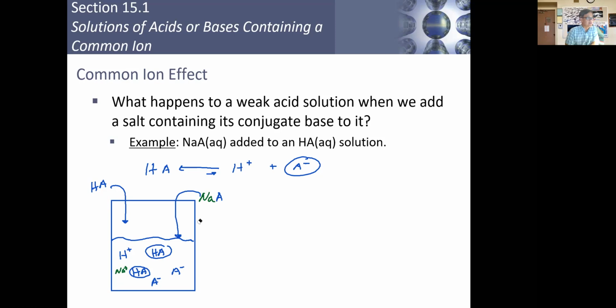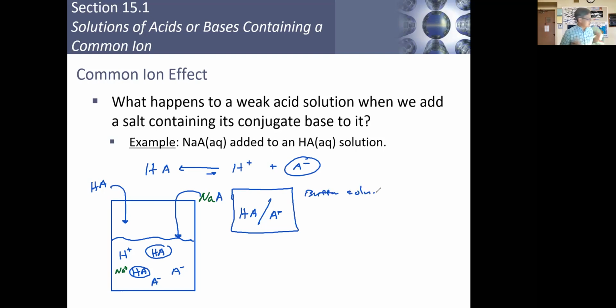This is how we write a buffer solution: we put a slash here, the undissociated acid and the base. This is what we refer to as a buffer solution.